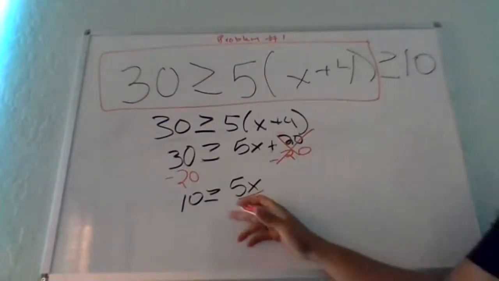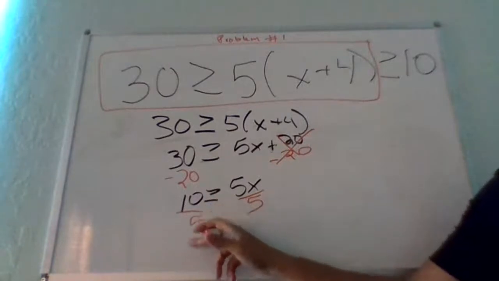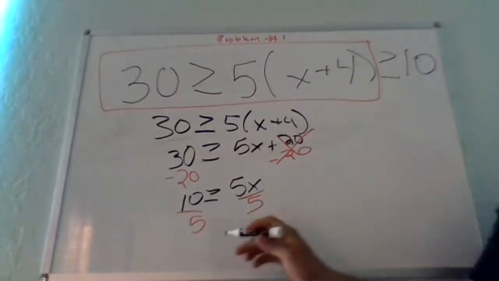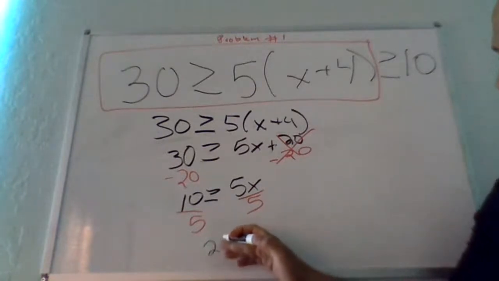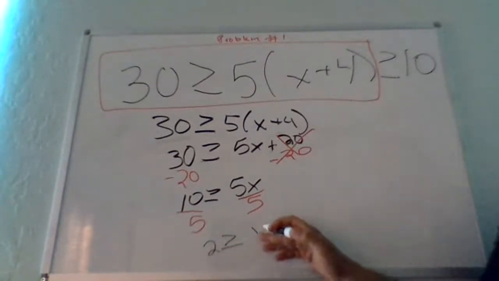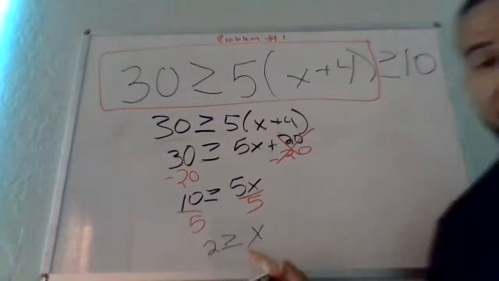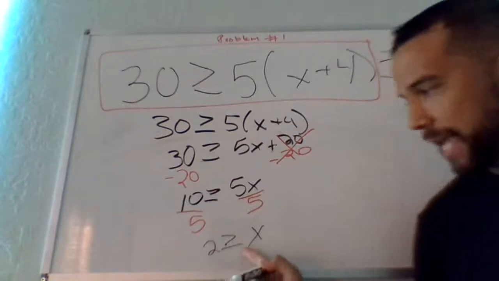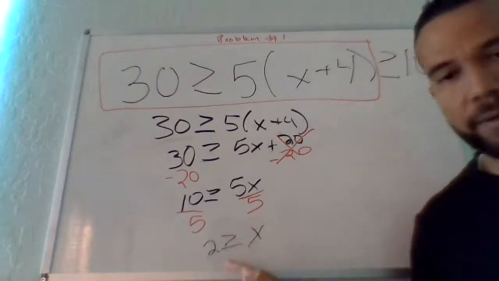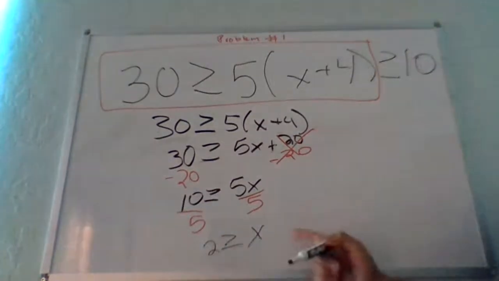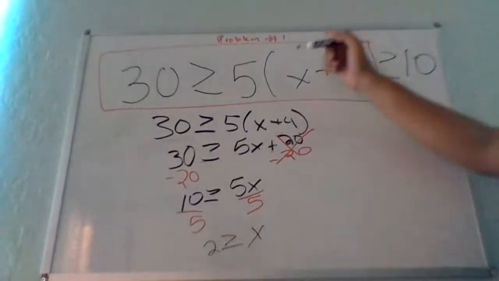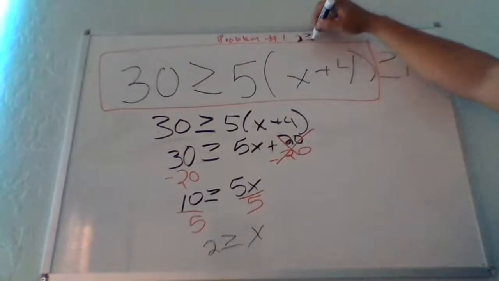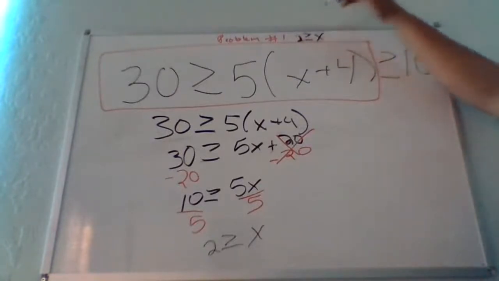Yeah. X is less than or equal to 2. Perfect. So we know that is going to be part of the graph. That 2 is greater than or equal to x. That's what the answer is for problem 1: 2 is greater than or equal to x.